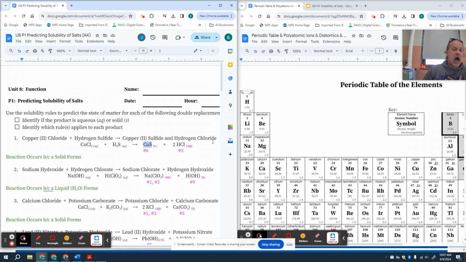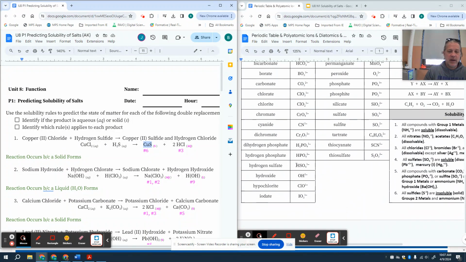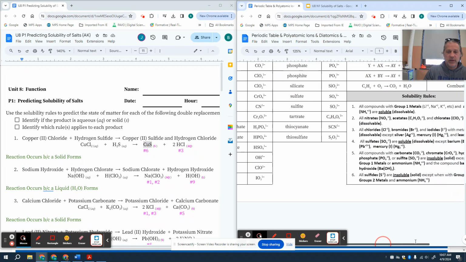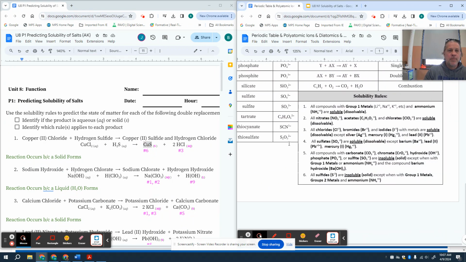So the way that I try to determine what the state of matter is, is by the use of these solubility rules right here. Now, these solubility rules are really, really helpful if you follow along and just apply them the same way. So I'm going to try to figure out which solubility rule best applies to CuS by going through these solubility rules one at a time.